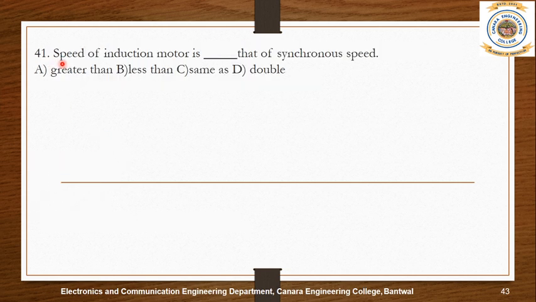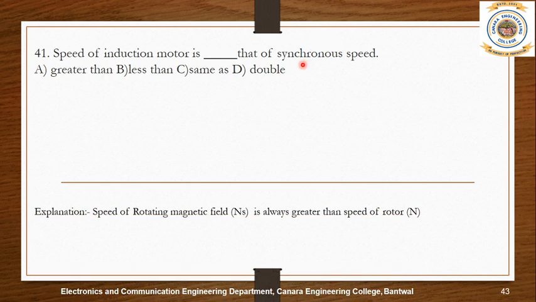Next, the speed of the induction motor is dash that of synchronous speed. So it is given as an induction motor. In the induction motor, speed is always less than synchronous speed. If it is equal to synchronous speed, that is called synchronous motor.